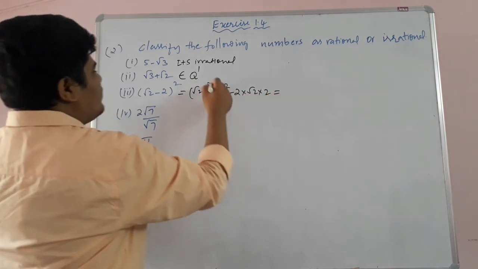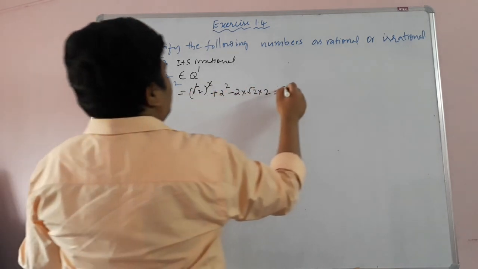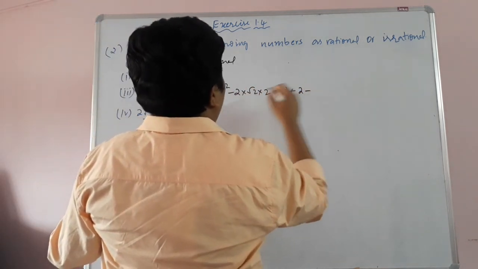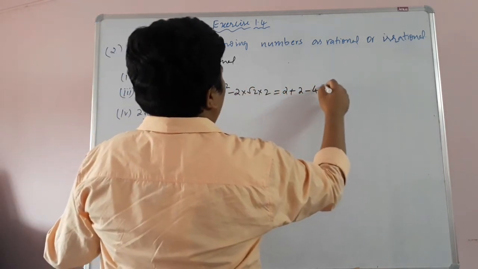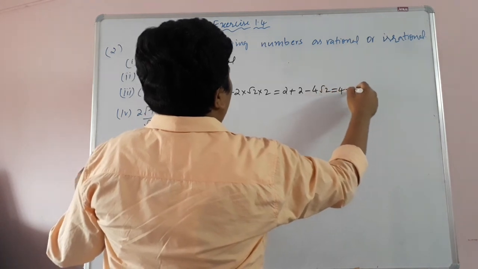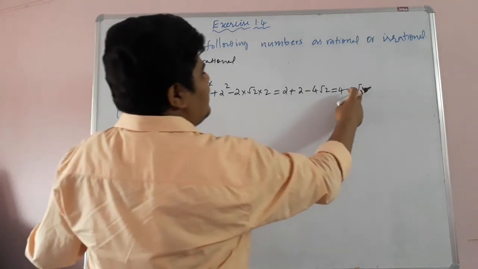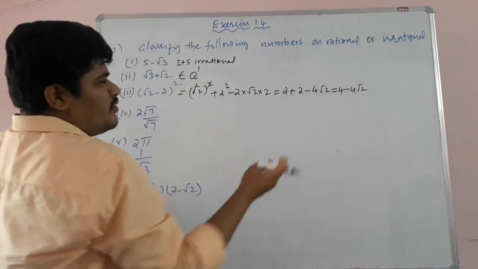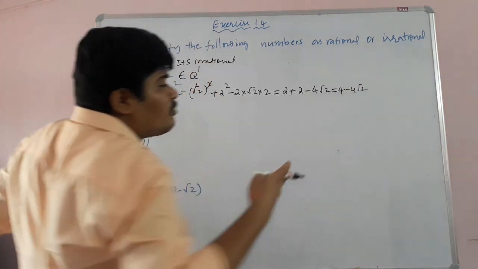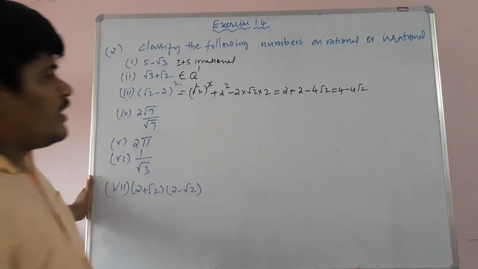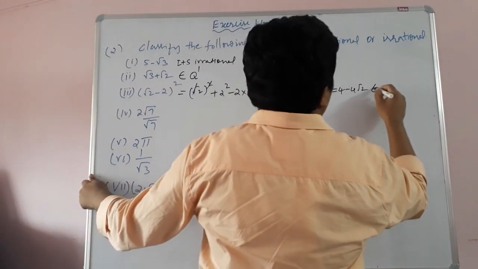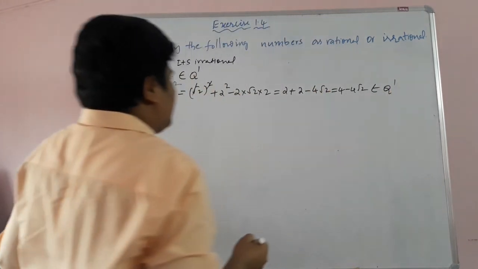So here square and square will get cancelled: 2 plus 2 minus 4 root 2. 2 plus 2 is 4, 4 minus 4 root 2 is there, children. So obviously if root 2 is irrational, 4 root 2 is irrational. So then automatically 4 minus 4 root 2 is also irrational. Okay, so this belongs to Q dash, irrational.